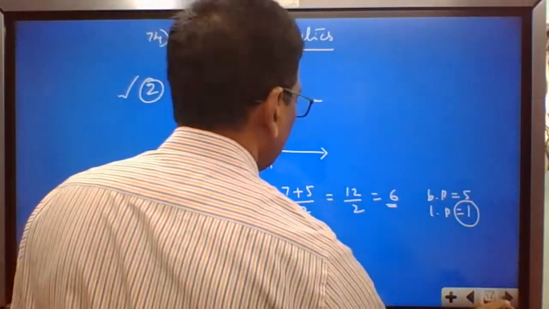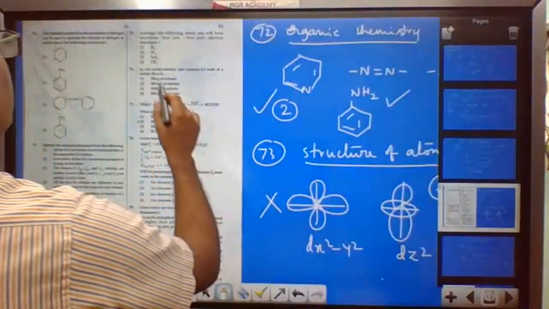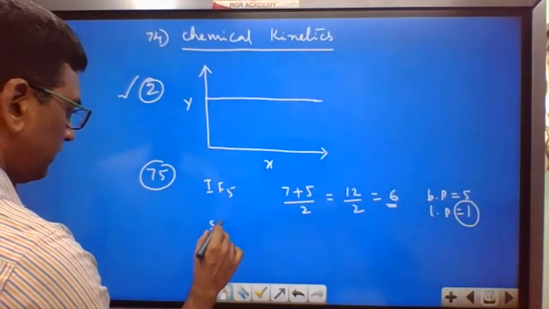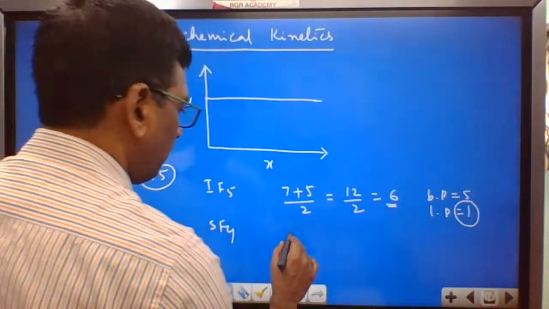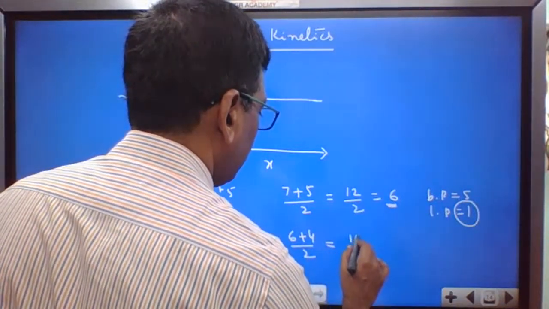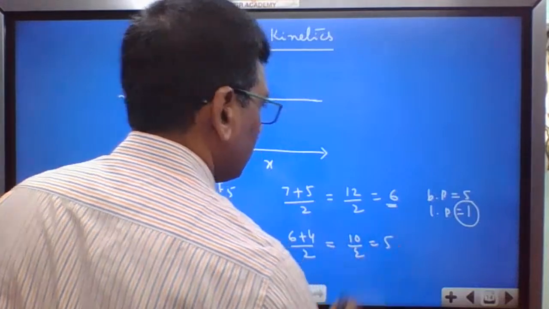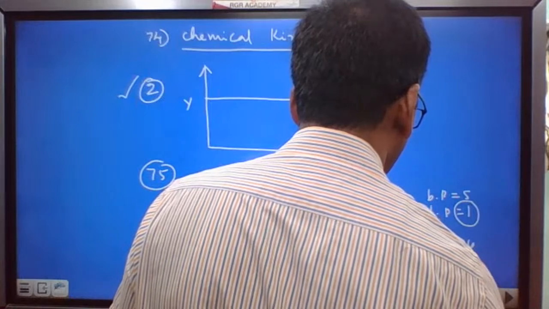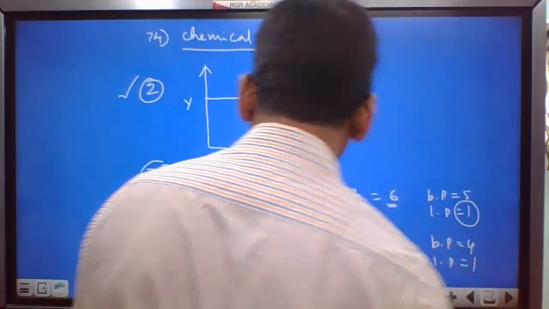Coming to the next compound they gave, SF4. Sulfur has 6 electrons, 6 plus 4 divided by 2, 10 by 2, that is equal to 5. And there are 4 bonds, so bond pairs are 4, lone pair is equal to 1.